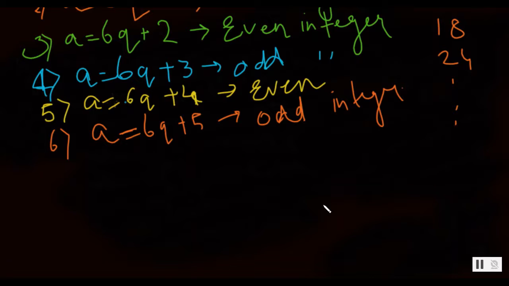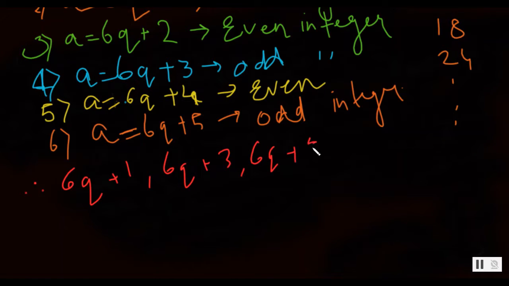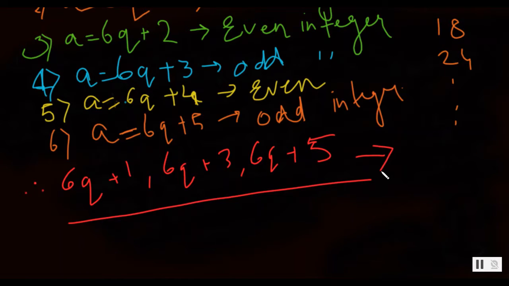Hence we saw that therefore we can deduce that 6q plus 1, 6q plus 3, 6q plus 5 are the three equations that will result in a positive odd integer, and hence this is the answer.